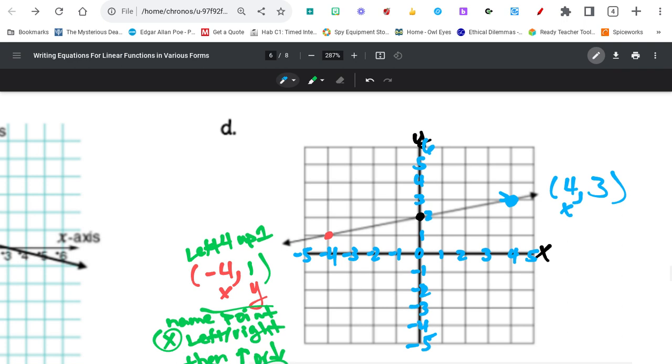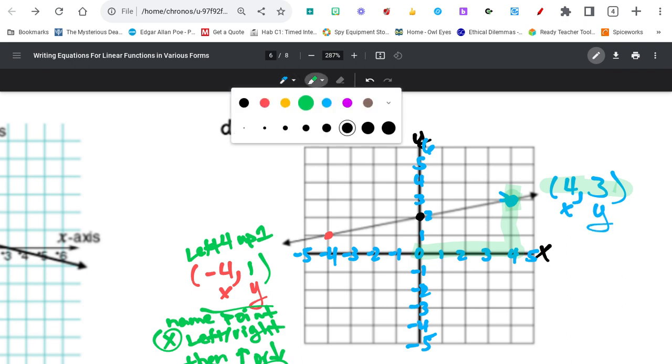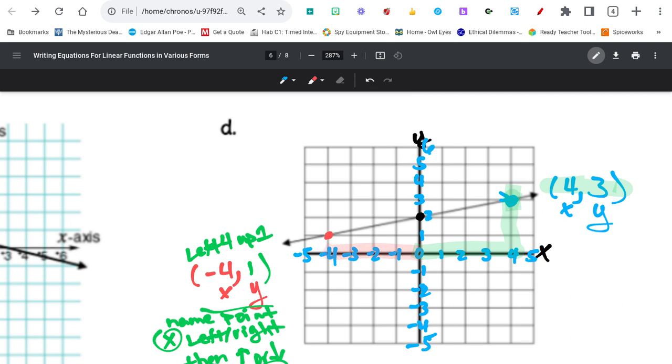So if you prefer to put the numbers on the number line, go ahead. And you can easily see that this point right here is to the right 4 and then up 3 to get 4, 3. And then here, this point is to the left to -4 and only up +1, okay? So if you prefer to put the numbers down, go for it. It's up to you.